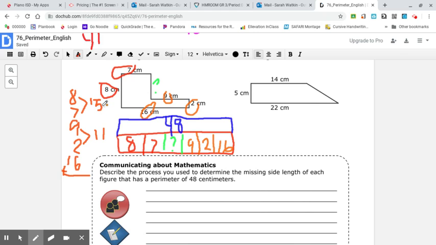So I'm going to add these together. 5 plus 1 is 6. 1 plus 1 is 2. So now I'm just adding 6 to that. 6 plus 6 is 12. Carry the 1. 2 plus 1 is 3. Plus 1 is 4. 42.